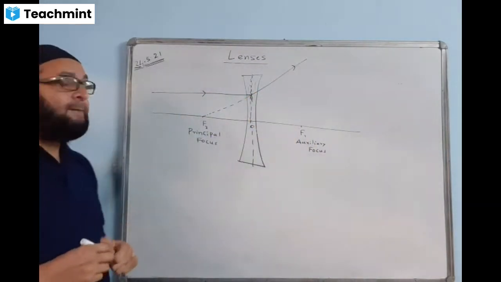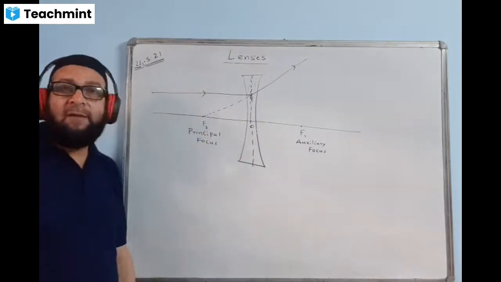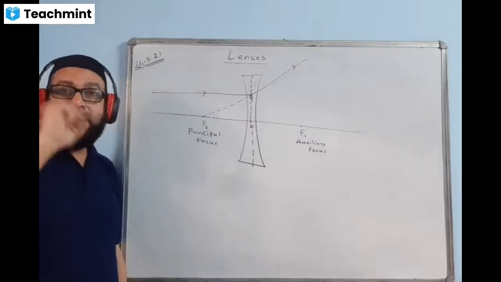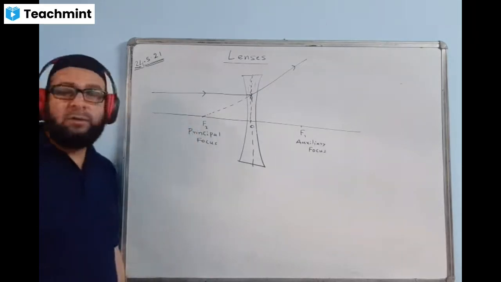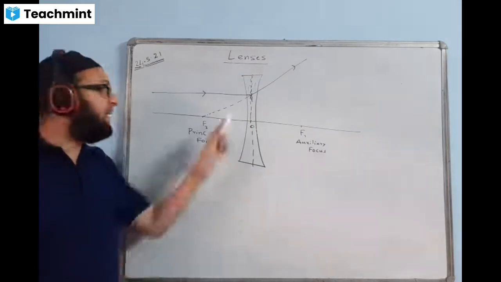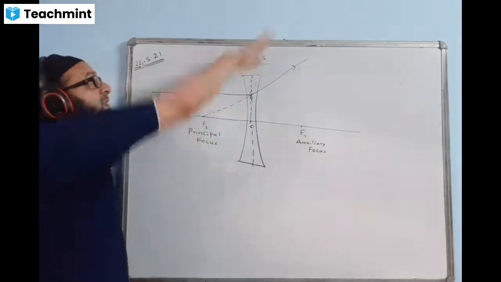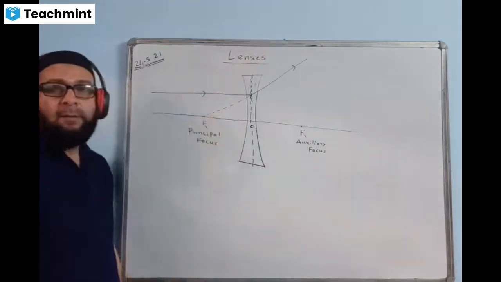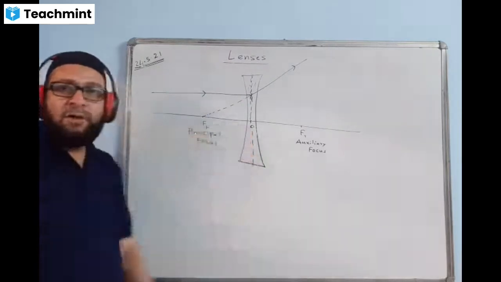An incident ray parallel to the principal axis, after passing through the concave lens, appears to pass through a point, and that point is called the principal focus. It will not actually pass, but will appear to pass, by a dotted imaginary line. That means the concave lens will diverge the ray, will spread the ray, and the convex lens will converge, will focus the ray.